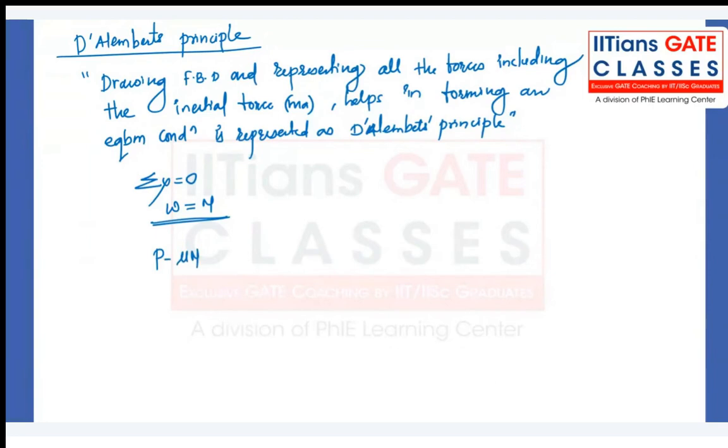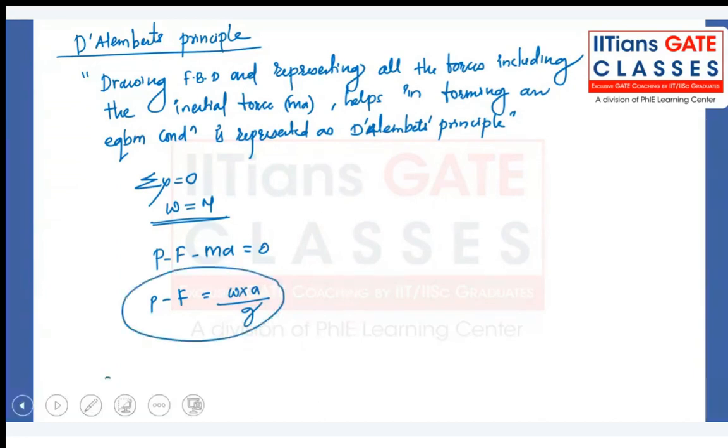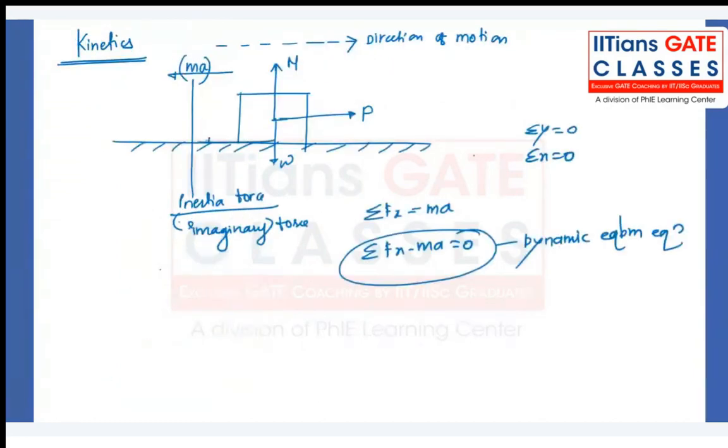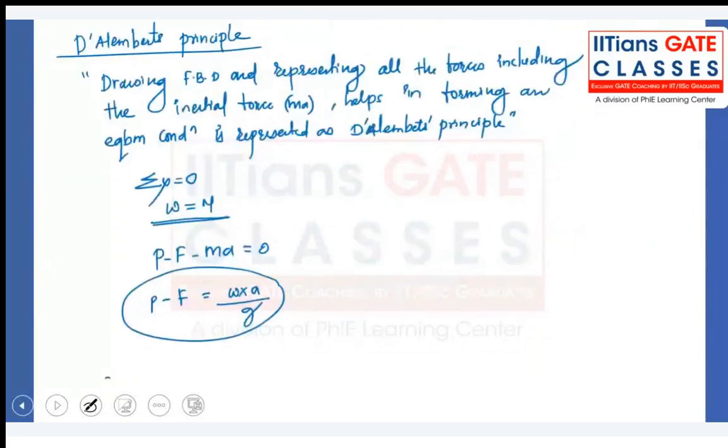So P minus F minus ma is equal to 0. So P minus F is equal to mass times acceleration. And mass is the weight of the body into acceleration divided by g. In this way you can derive these equations. Let me just draw here the frictional force, Fr.